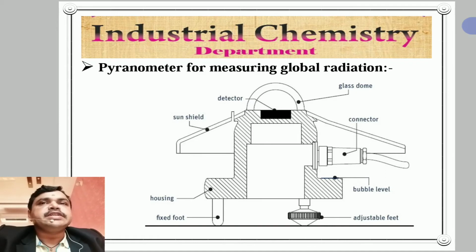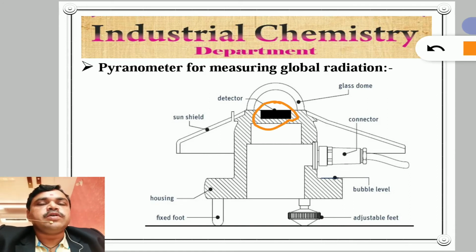Its temperature rises to the extent that the rate of heat gained by solar radiation is equal to the rate of heat loss by conduction and radiation. The hot junction of the thermopile.